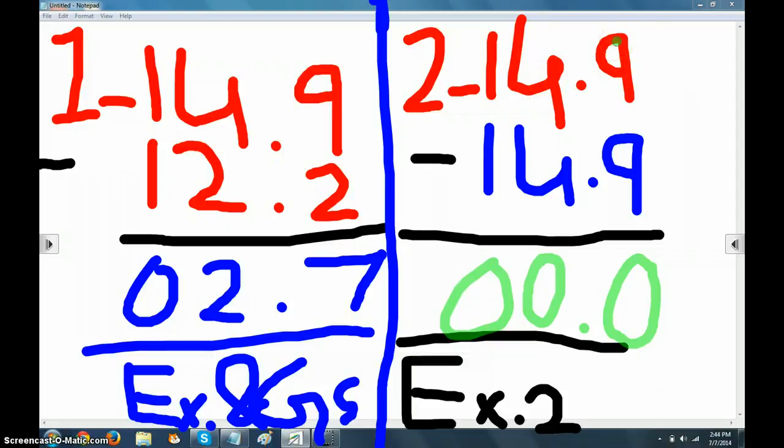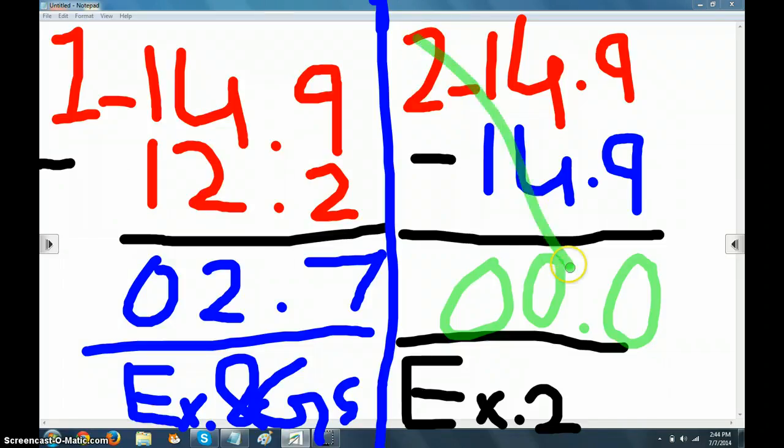I can't do 14.9 minus 14.9, or for example 12.9 minus 12.9, because at the end we'll have 0.0. I can't do 24.4 minus 24.4 ever. Like this, we don't have an answer.